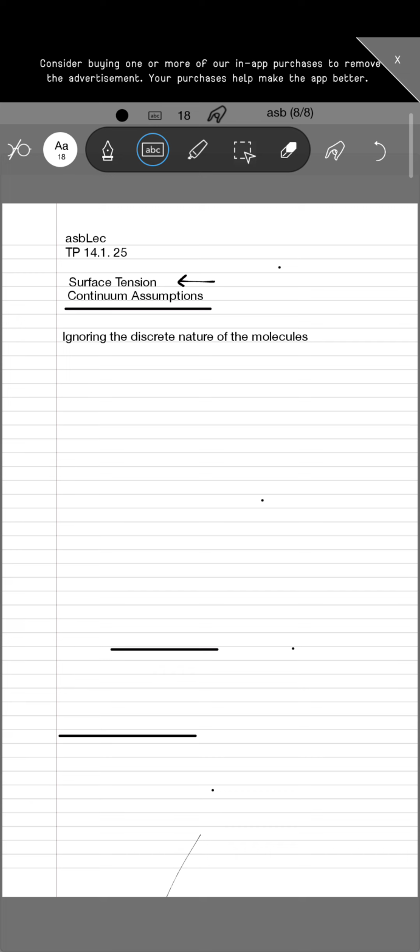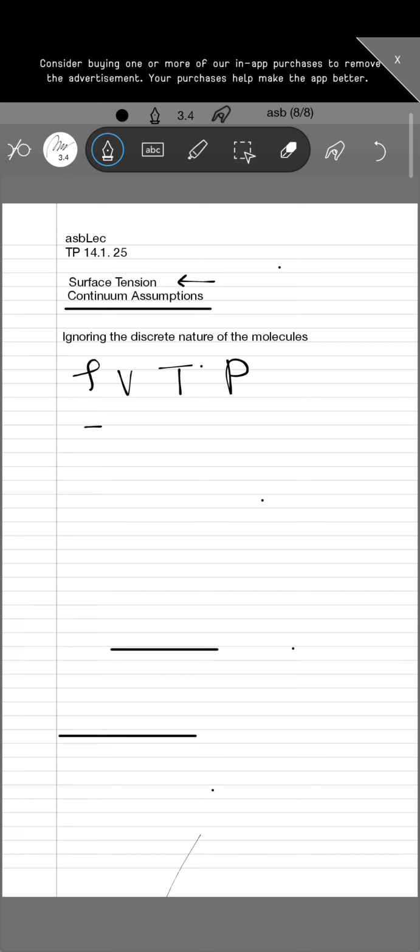Now, there are certain parameters on which the fluid properties are based. We have already discussed them. First is density, then velocity, temperature, and pressure.